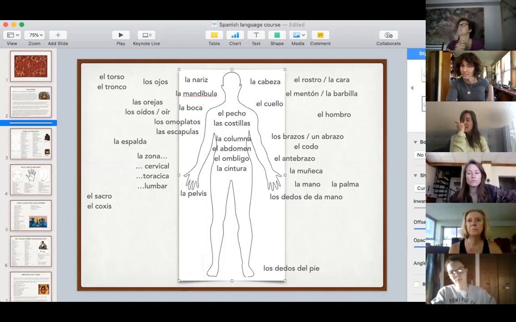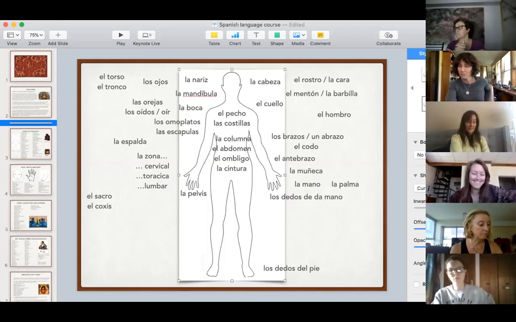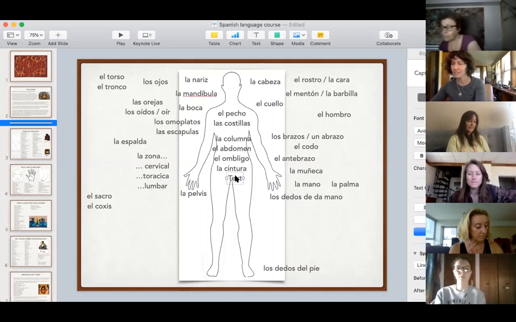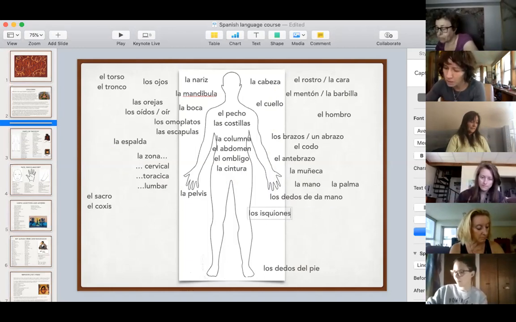So the bone is a part of the ischium. The ischium is that bottom part of the pelvis, and your sit bones are called the ischial tuberosity. Not that you really need to know that, but the word ischium is going to be very useful because your sit bones in Spanish are los isquiones, right?